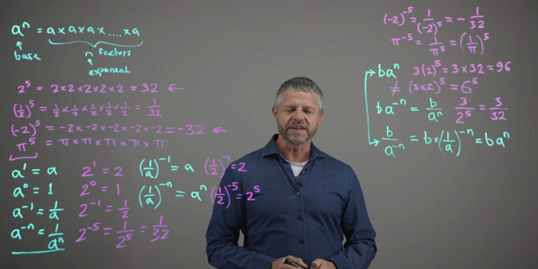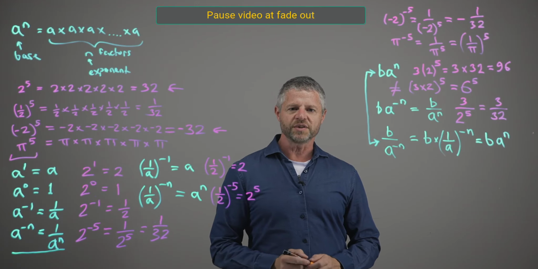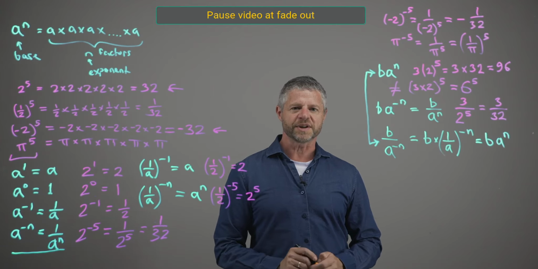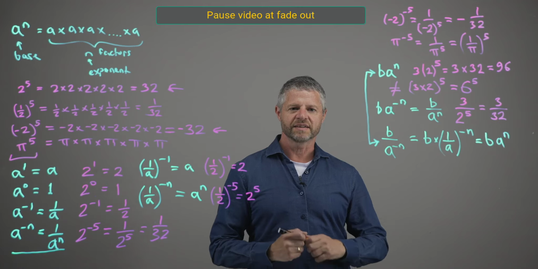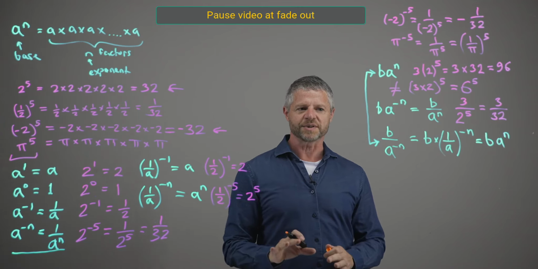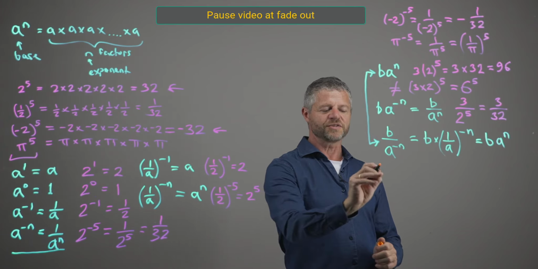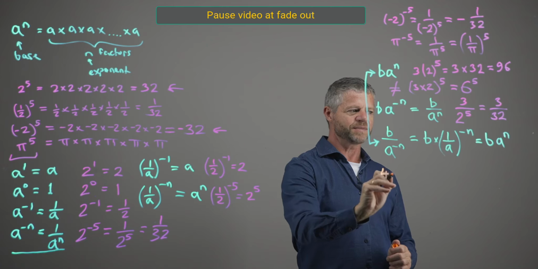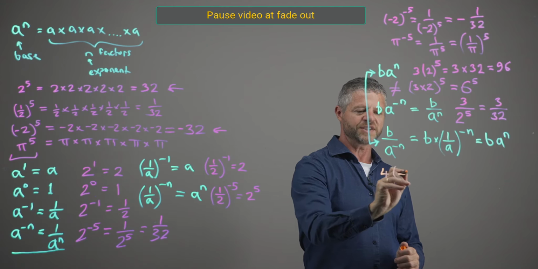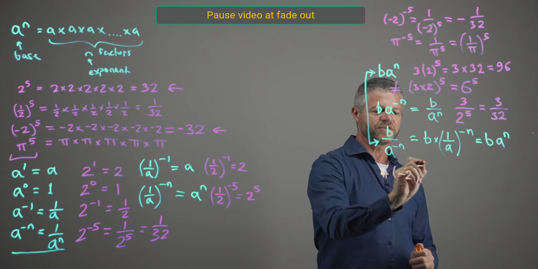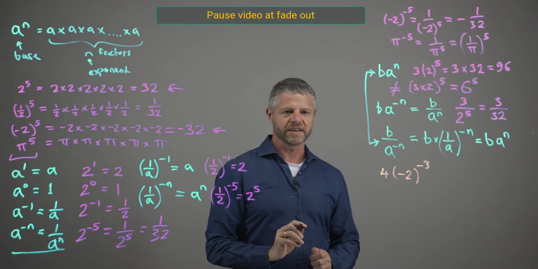So pause the video at this point and see if you can figure out what the next two expressions look like if you evaluate them and simplify them as far as possible. So for the first one, we're going to have 4 times minus 2, and the minus 2 is raised to the power of minus 3.